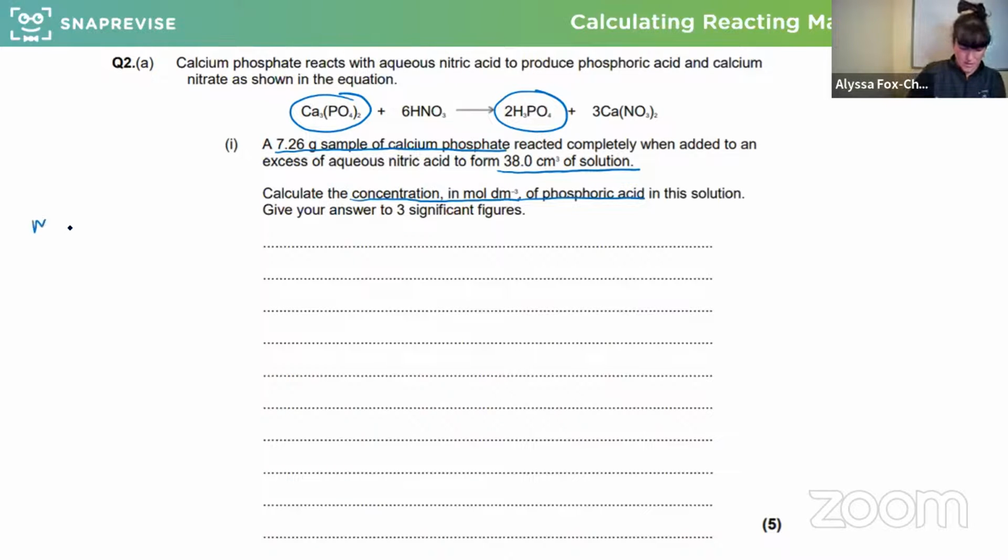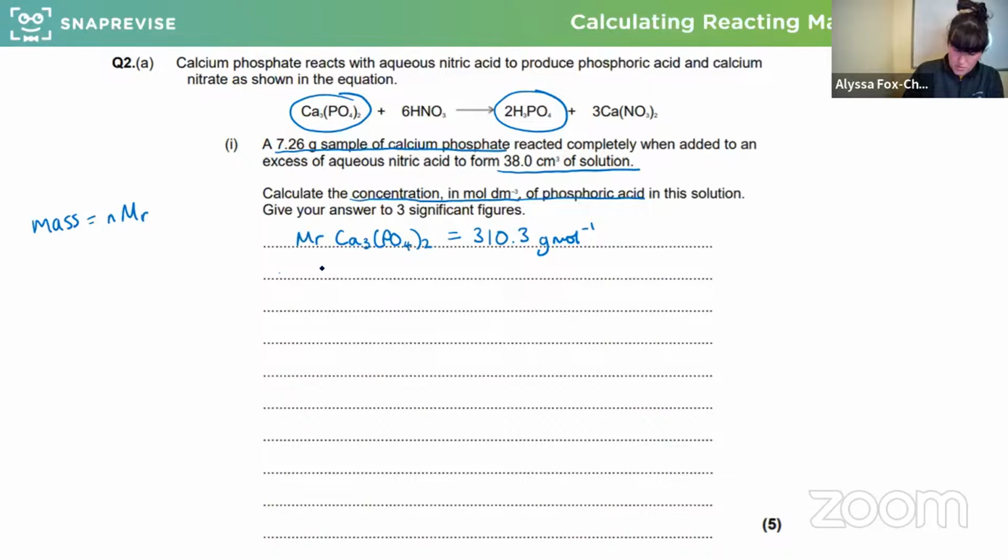Again, we know that mass equals n times Mr. So the mass of something is equal to the number of moles times its molar mass. So if I work out the molar mass of calcium phosphate, Ca3(PO4)2, I can work out the moles of it. So the Mr is 310.3 grams per mole.